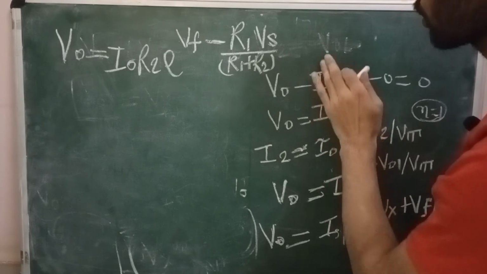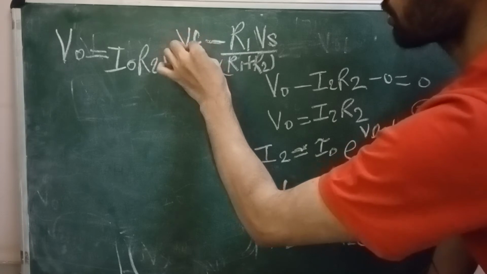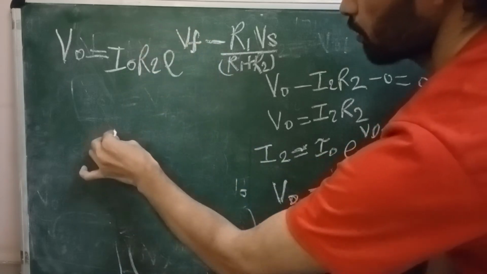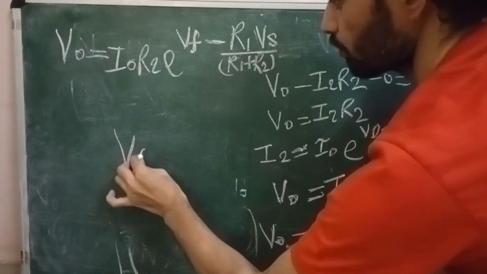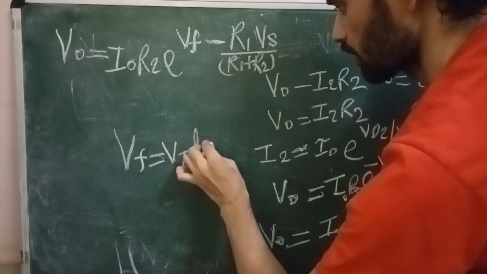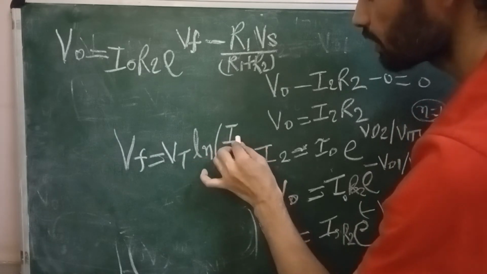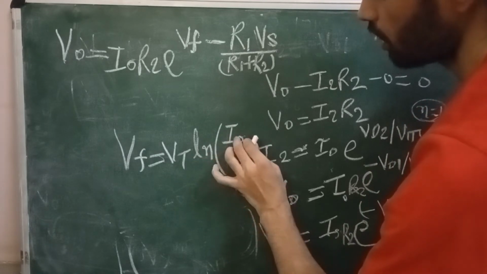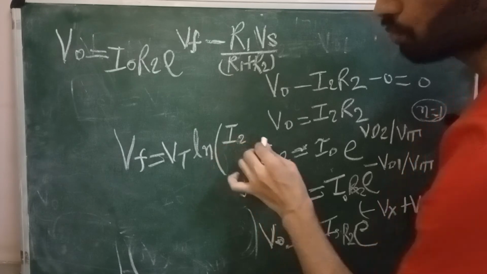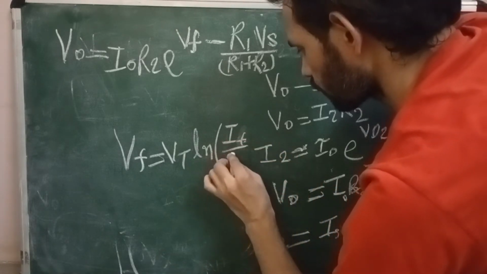So what is this value? Vx and Vf, how much did we get? For Vf we got Vt ln of If by I0.